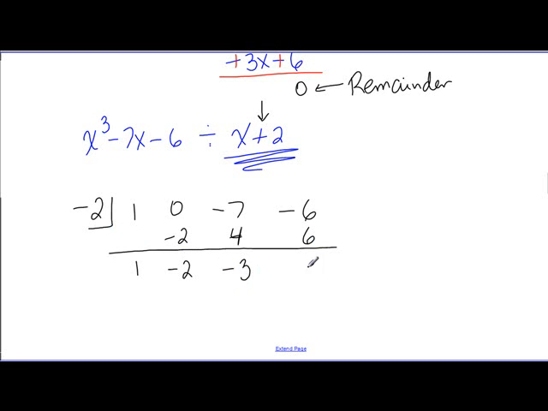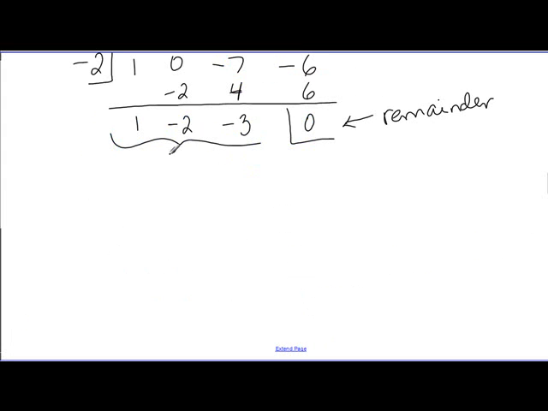This number is always the remainder. And these numbers are the coefficients of the quotient. Now we started with an x cubed function, so our quotient is going to be x squared minus 2x minus 3.